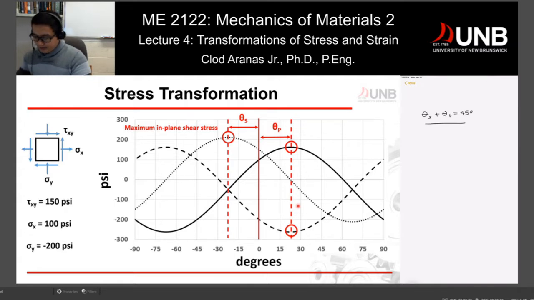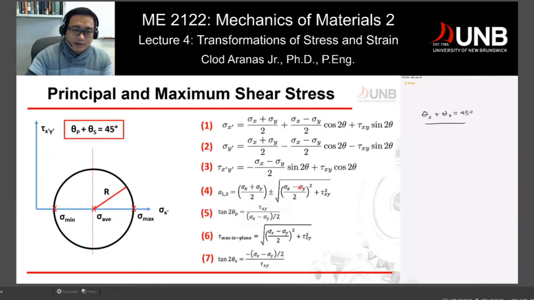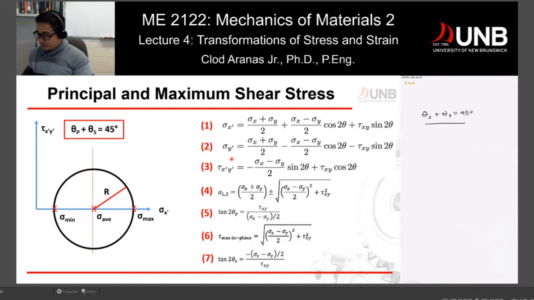Last meeting, in order to prove that equations 1 to 3 follow the equation of a circle, we transposed this part of the equation to the left side, used equations 1 and 3, squared all the equations, added them together, and then applied trigonometric relations. So what we got as the final equation is the following.